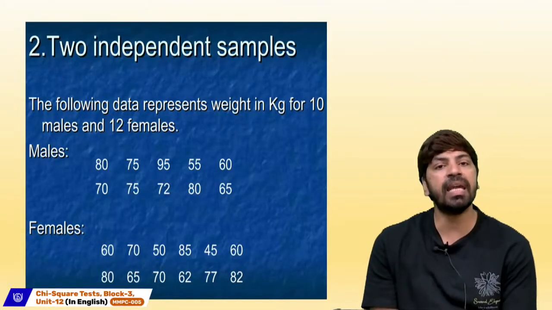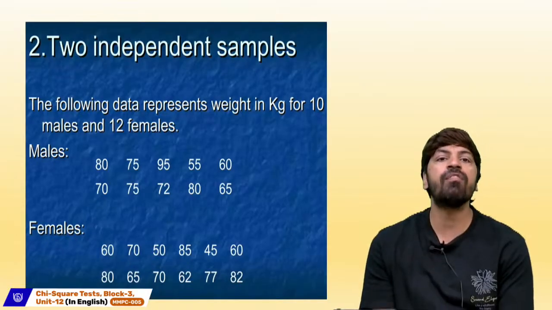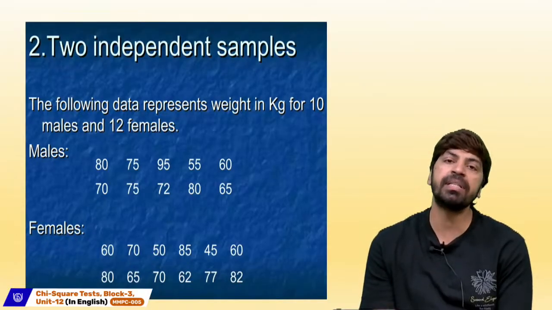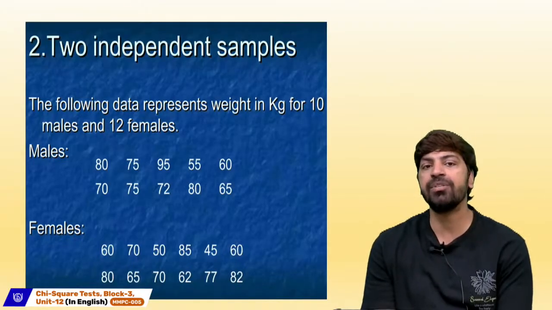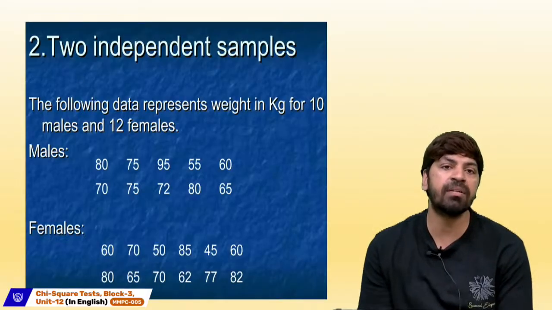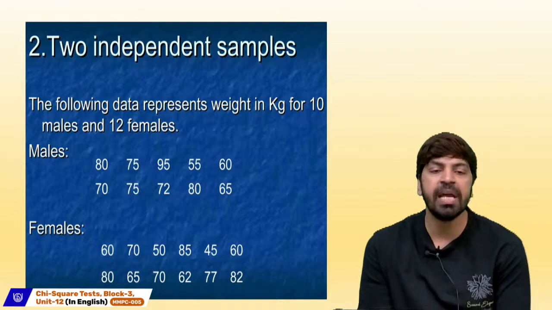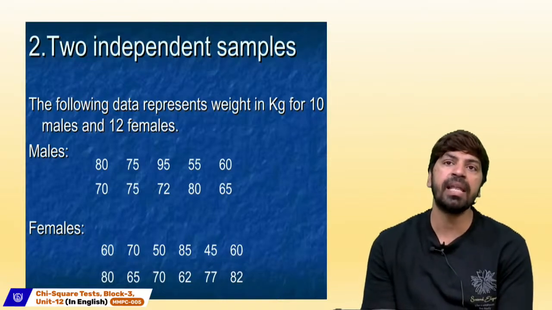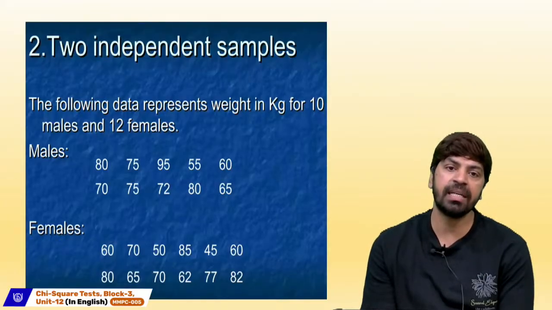So this is a case of two independent samples. The following data represent the weight in kg for 10 males and 12 females. The 10 males are given, that is 80, 75 till 65, and the females are given, beginning with 60 until 82.